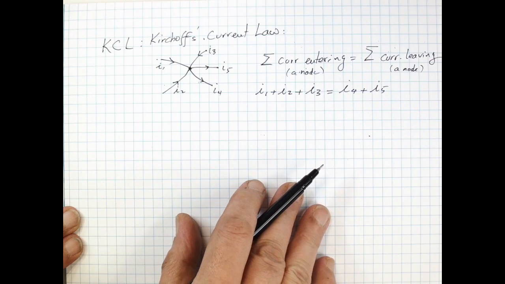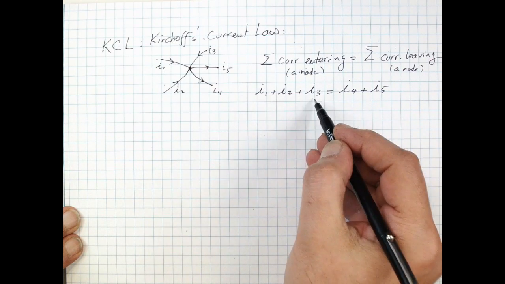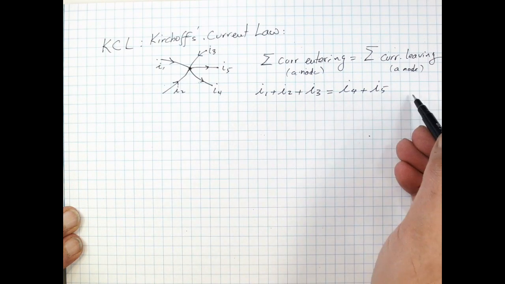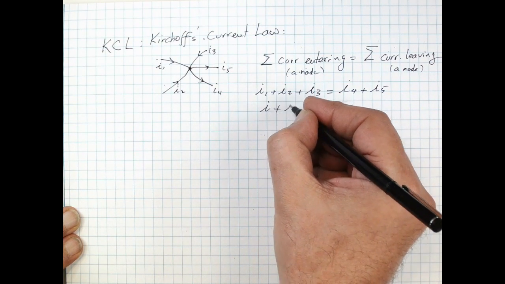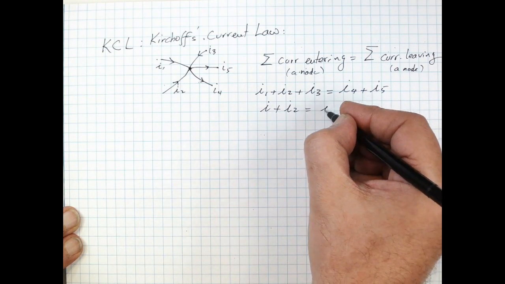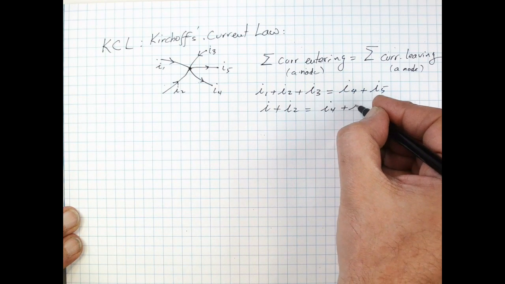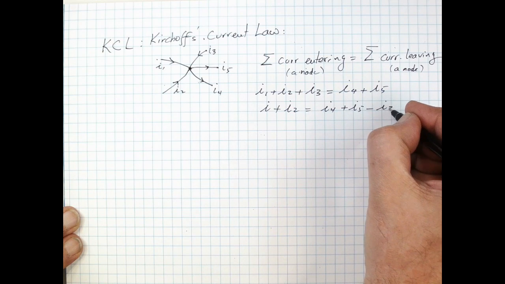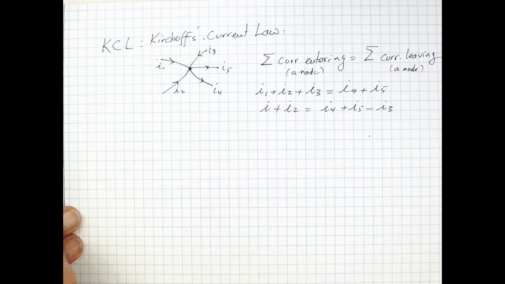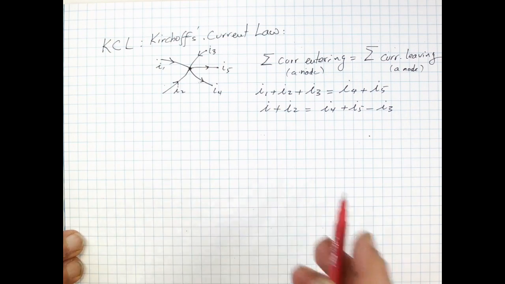Notice that I can algebraically move these to the other side. For example, I can say I1 plus I2 is equal to I4 plus I5, and bring I3 to the other side, and we have minus I3. If a current is negative, it means it's flowing in the other direction.